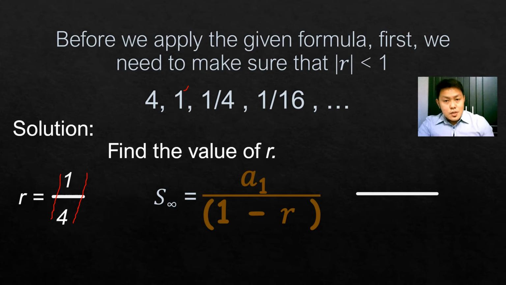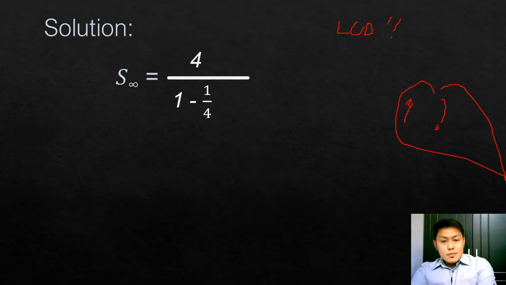So to find the sum of the terms of this infinite geometric sequence, we use the formula and substitute the value of the first term. The first term is 4, divided by 1 minus the common ratio 1/4. Simplifying the equation, we have the sum to infinity: 4 divided by 1 minus 1/4.